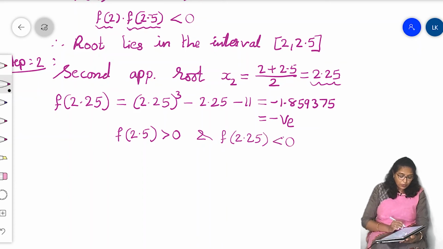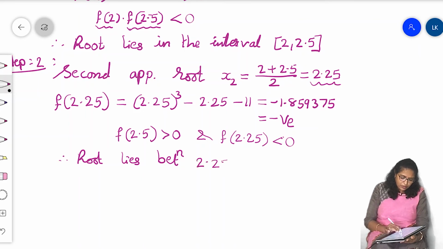One is positive, another is negative. Its product is negative. That is, we can say that root lies between 2.25 and 2.5.